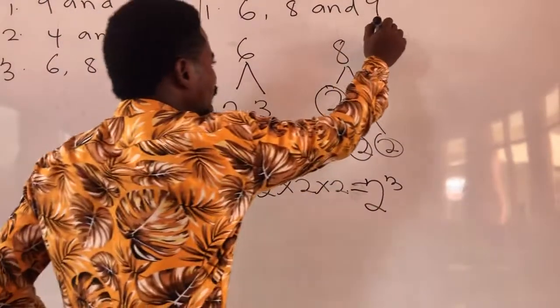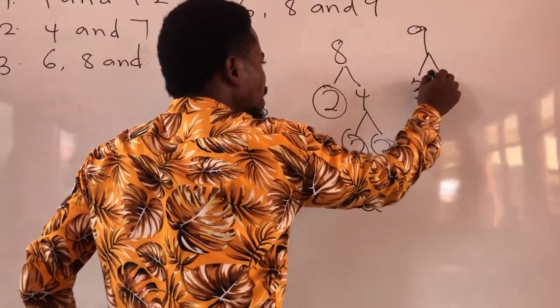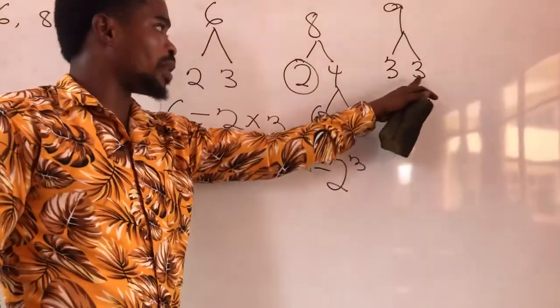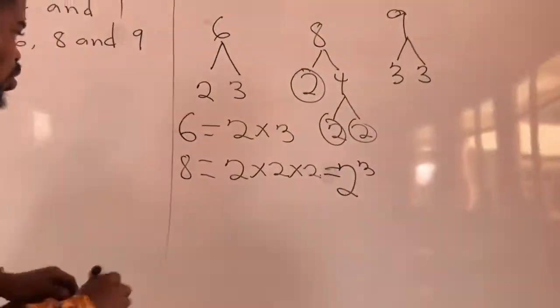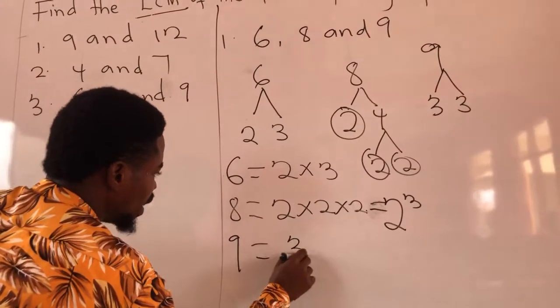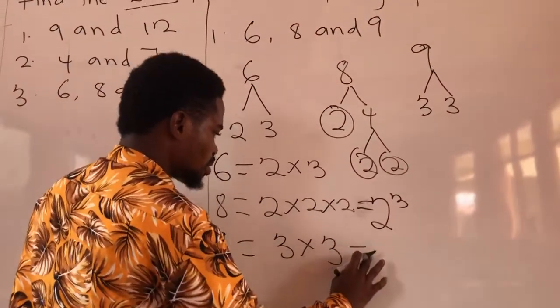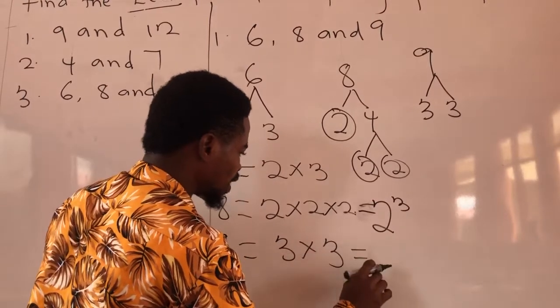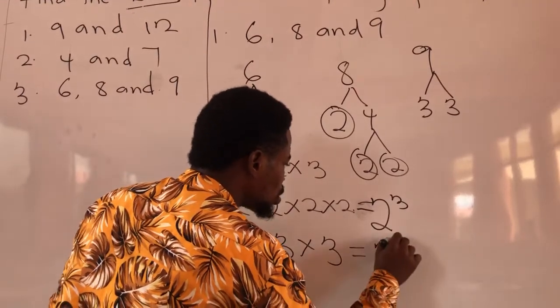Now we come to 9. 9 is 3 times 3. 2 numbers, when we multiply them, we get 9. They are 3, 3, alright? So 9 under prime factorization can be written as 3 raised to the power 2.